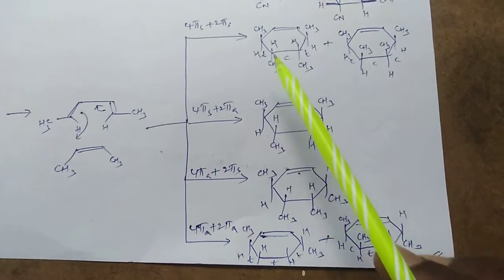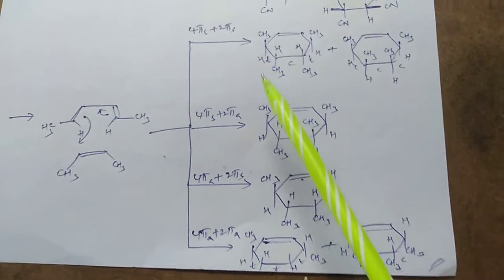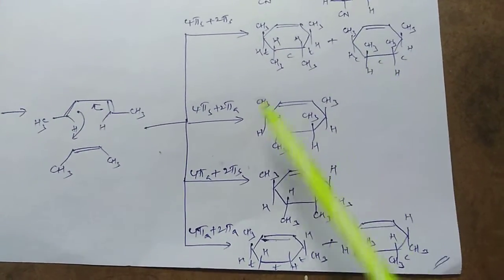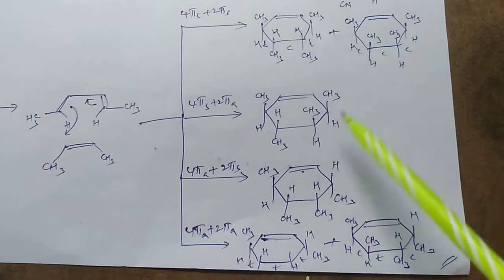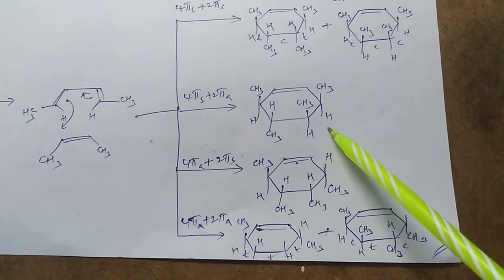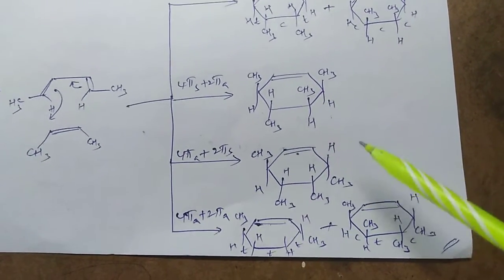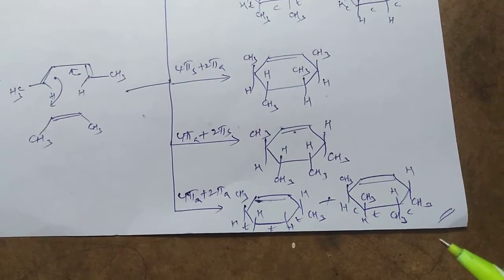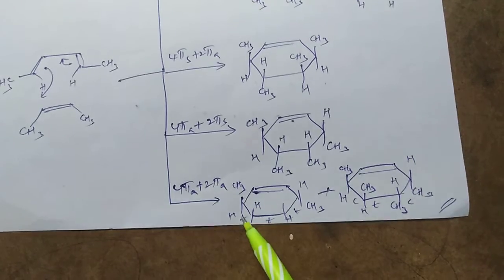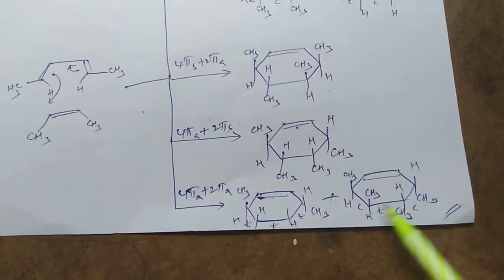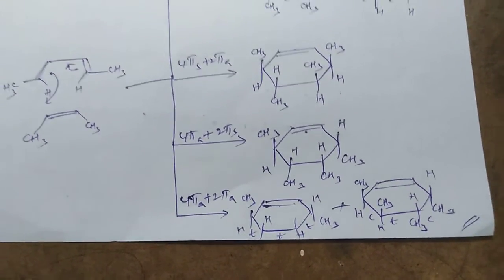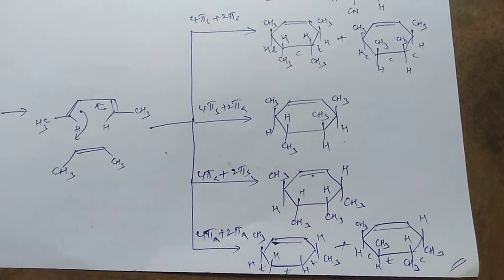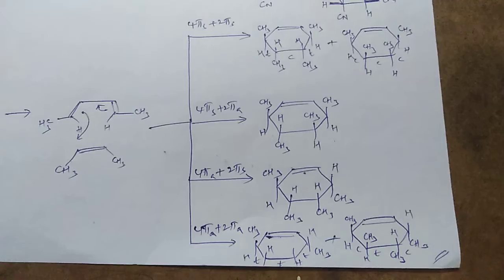In supra-supra cycloaddition, we have two compounds. In supra-antara, one compound. In antara-supra, we have one compound. In antara-antara, we have two compounds. So in these compounds, trans. In this compound, cis, trans, cis isomers are possible for the above cycloaddition. So this is regarding examples of cycloadditions.